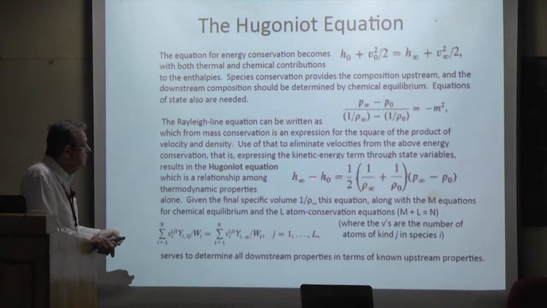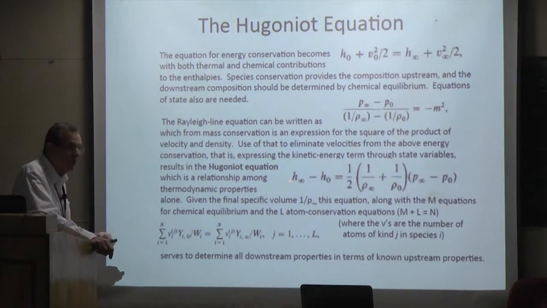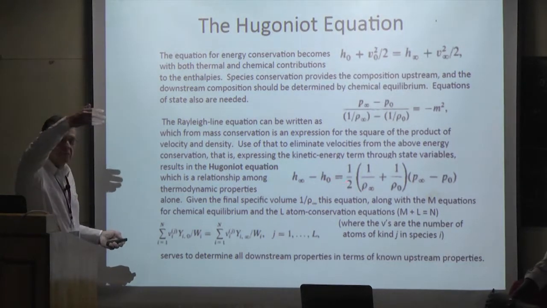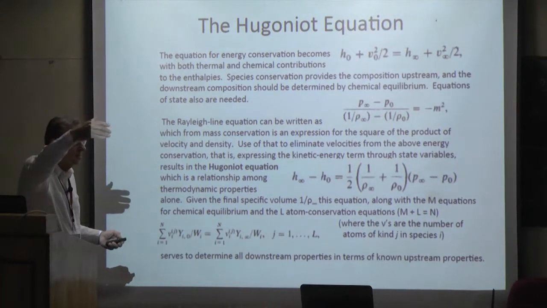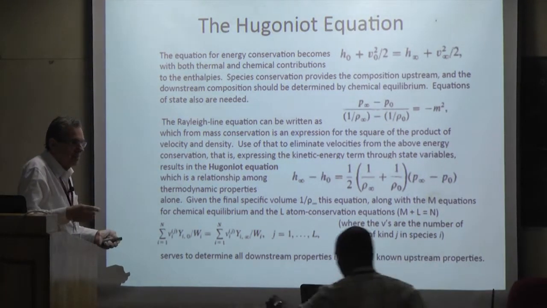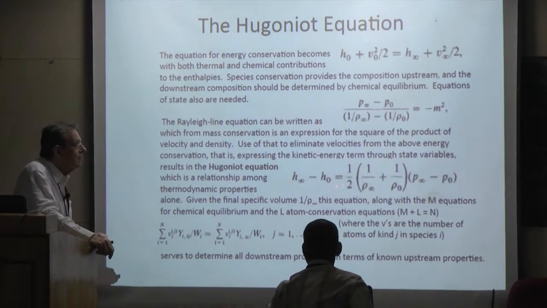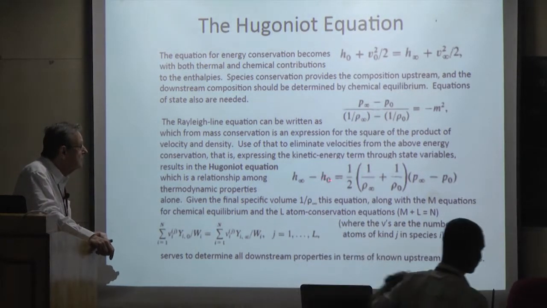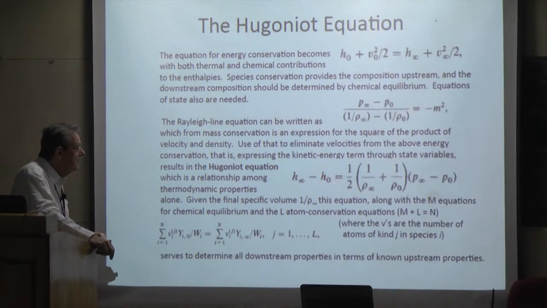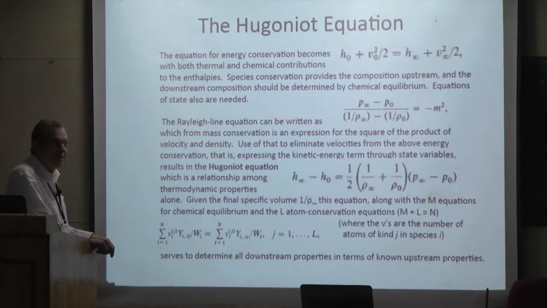Now, in these enthalpy terms, it's necessary to include both the thermal enthalpy and the chemical enthalpy. The point is that in an exothermic combustion process, the reactants will be at a higher chemical energy state than the products. So besides the CpT contribution, there'll be a heat of combustion contribution, a difference between the reactants and the products, in energy conservation.